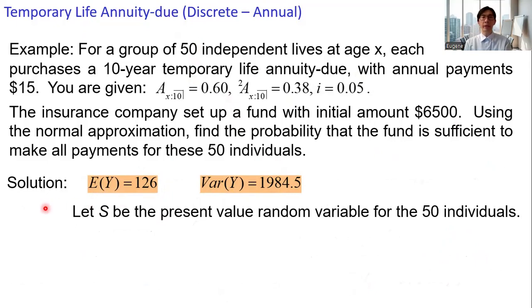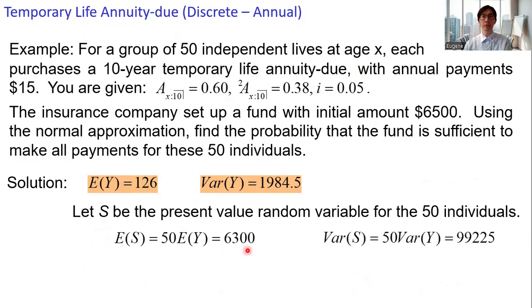And we have a portfolio with 50 independent lives. Let S be the aggregate present value random variable for the 50 individuals. Using the normal approximation, we need to get the expected value for S, which is 50 times the expected value of Y. And then we also need the variance, which equals 50 times the variance of Y. We want to get the following probability: the probability that S is less than or equal to 6,500.